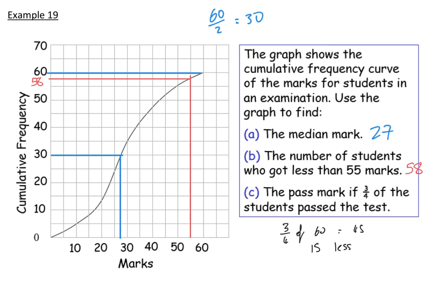So if we go to the cumulative frequency and draw a line at 15, and then follow that line down, we can see there's a score of around 21. If we set the pass mark at 21, 15 people score less than 21, which means that these 45 people pass. So 3/4 of the students have passed. The pass mark then is 21.